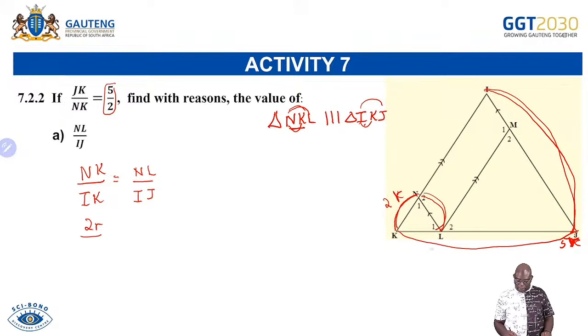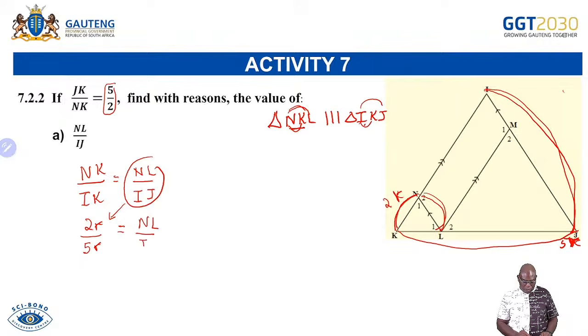What is IK? So that will be the same as 5R. So you can see that NL over IJ will be the same as 5R over 2R, and I can cancel this 2. Therefore, my NL over IJ will be 2 over 5.